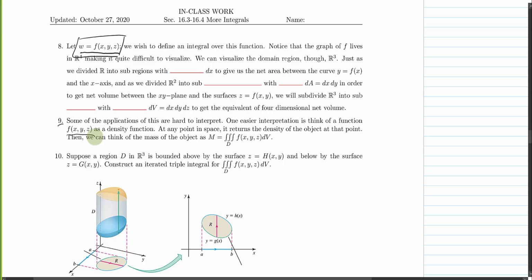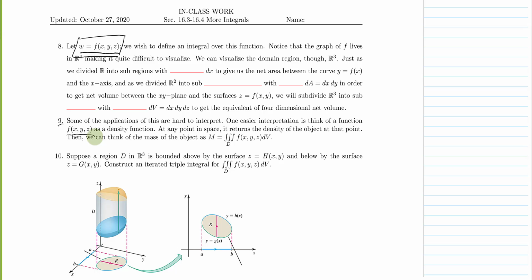If you sum up the densities at all points inside of a space, then you've got the mass of the object. That's probably the most helpful way to envision a function of 3 variables that lives in R4.